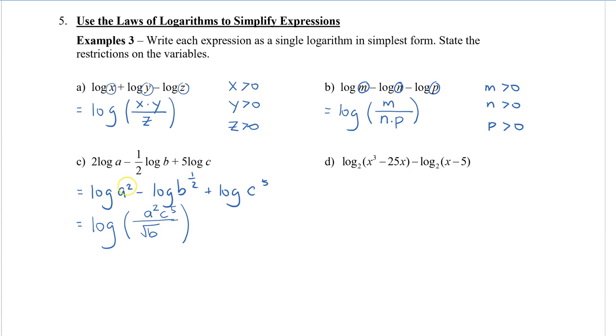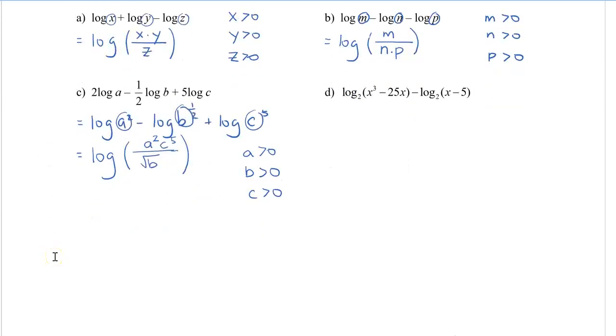So for all of these, we have a single variable again with no adding or subtracting with the variables. So we have a is greater than 0, b has to be greater than 0, and c also has to be greater than 0.